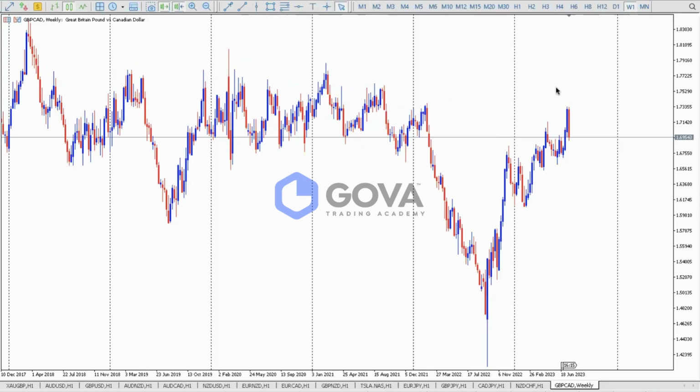For example, imagine having a buy trade around this level. Does it make sense to be buying around here? No, it doesn't, because you can clearly see that previously this level is a psychological level for sellers, okay?